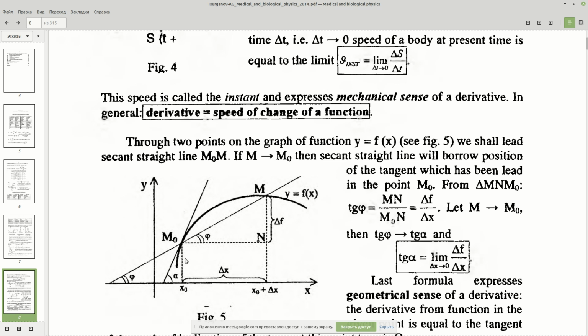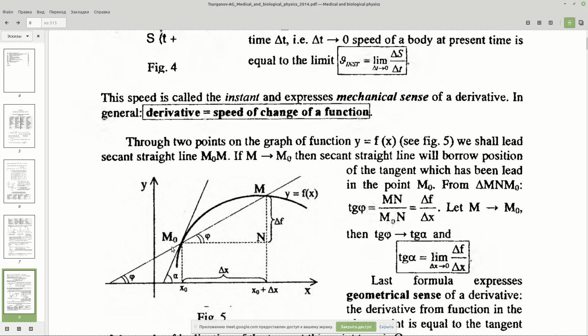Let M go to M0, then the tangent. So let this slice of the function become very tiny, going to this point between them, a very small interval. Then if we have these two points nearby, the tangent of phi is going to the tangent of alpha.